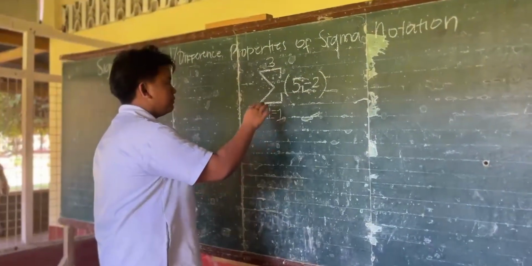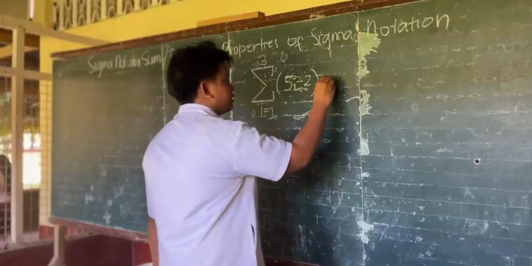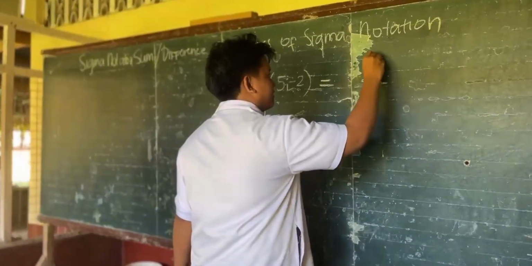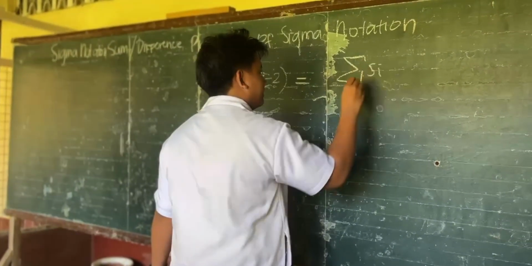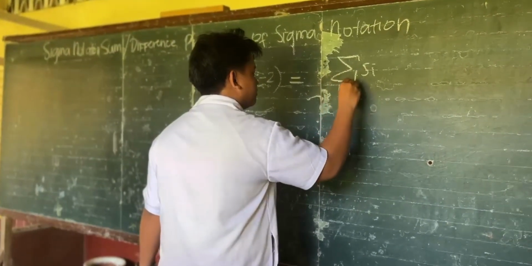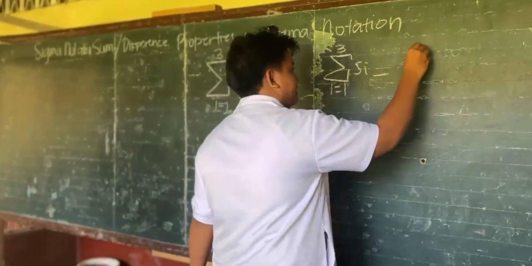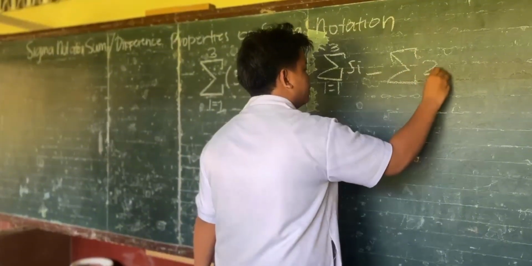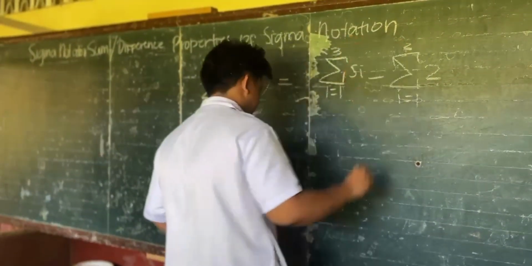So the summation of 5i minus 2 where i equals 1 to 3 will be equal to the summation of 5i where i equals 1, 2, 3 minus the summation of 2 where i equals 1, 2, 3.